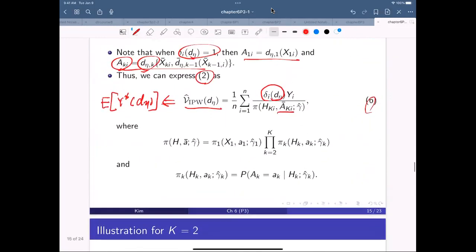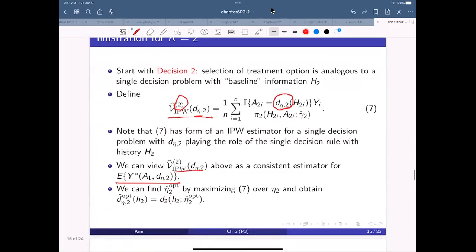Here you have Y star of T1 eta and T2 eta, so with K equal 2, T1 and T2. But here, we don't care about T1 now. We just leave whatever is given, observed, and just care about T2. That is the objective function we want to optimize.